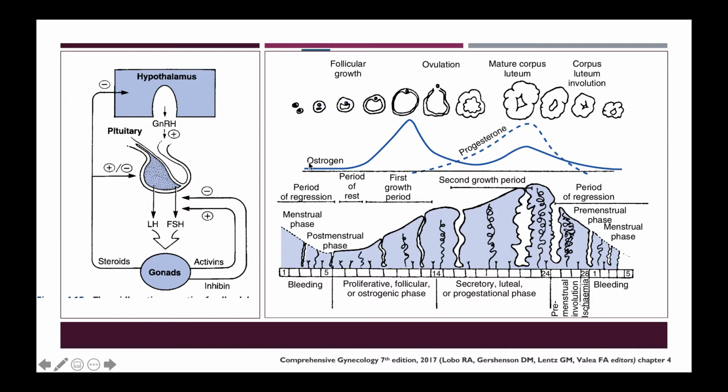As the estradiol level increases, this sends a negative feedback to the hypothalamus pituitary unit to decrease its production of GnRH and its production of gonadotropins, mainly LH and FSH.